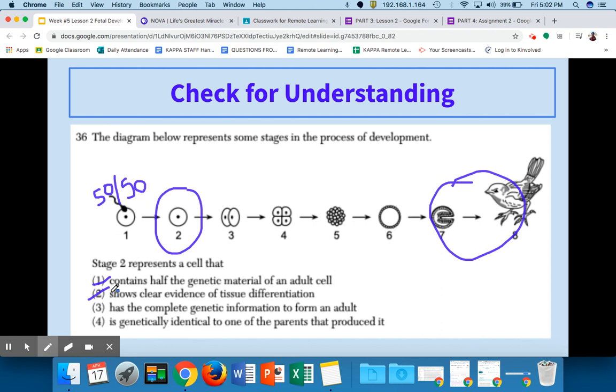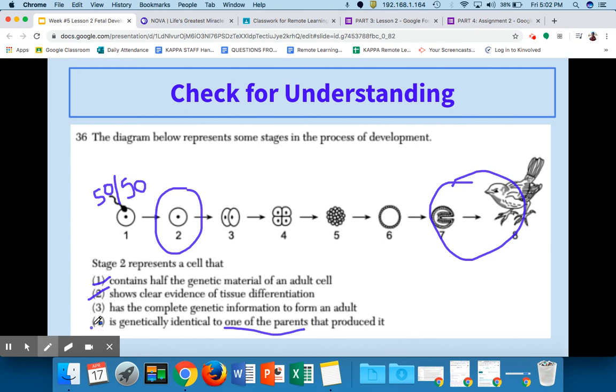Number 3 has the complete genetic information to form an adult. So if fertilization has already occurred, it probably does have all the genetic information here, but let's look at 4. Is genetically identical to one of the parents that produced it. Would this, if it contains 50% from mom and 50% from dad, be identical to just one of the parents?